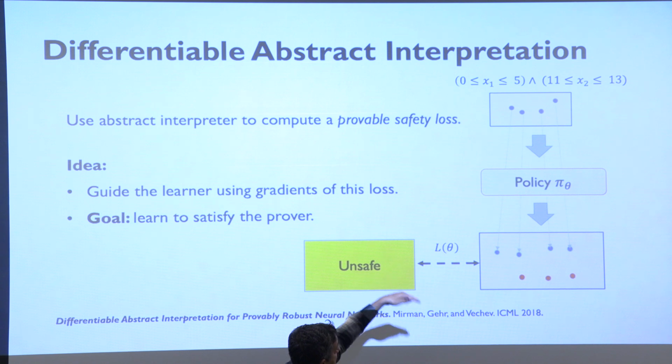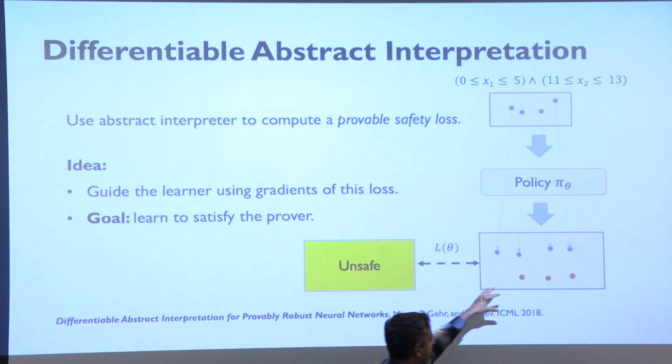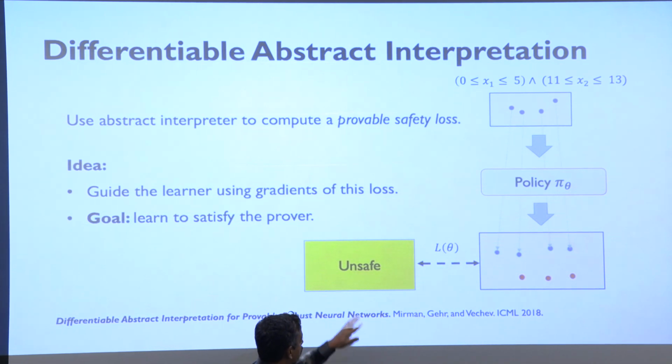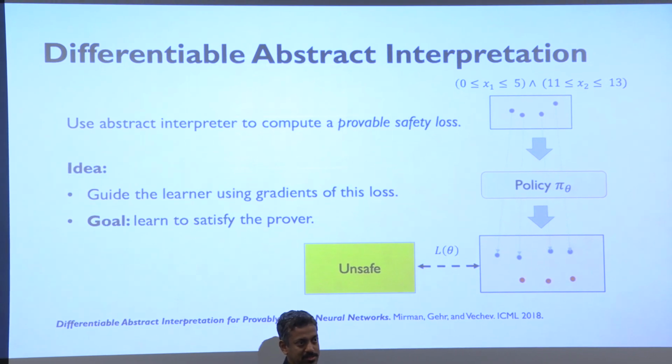So you have pushed this set through this policy, and let's say that you're looking at the output set, and the output set looks like this. What you could then do is use a distance function from the set of unsafe states. Let's just say that the correctness property we're interested in is that we want to avoid some set of bad states.